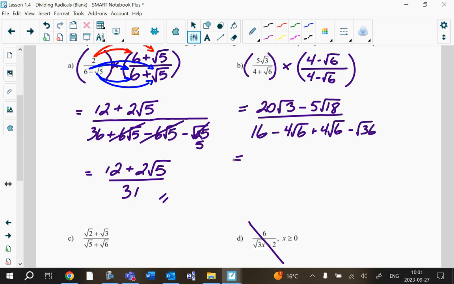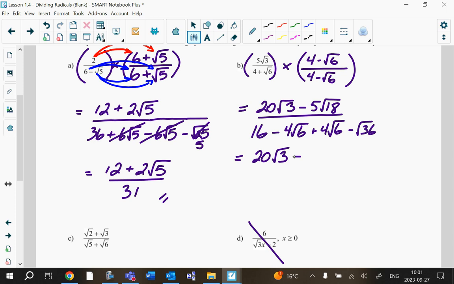We want to keep hammering this home. Okay? Look at each radical. Could I simplify or take one exactly? Well, can I take the square root of 3 exactly? No. Is there a highest perfect square that goes into 3? No. So I can't do anything. But what about the root 18?